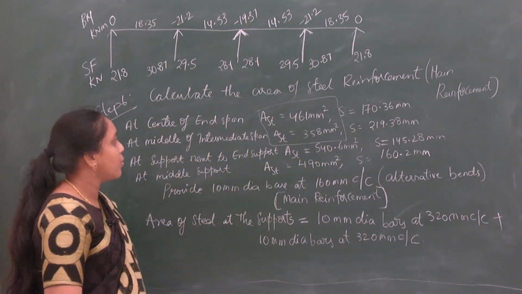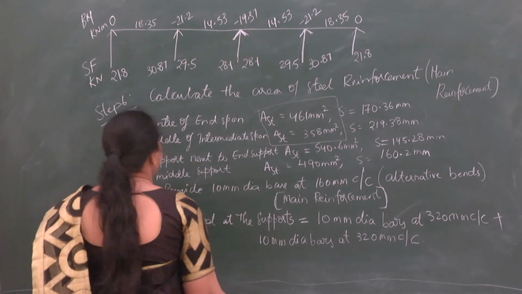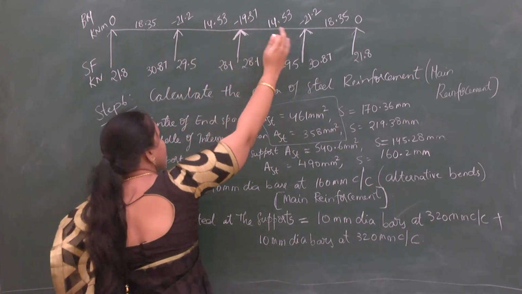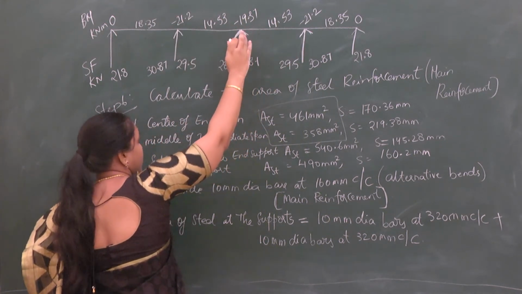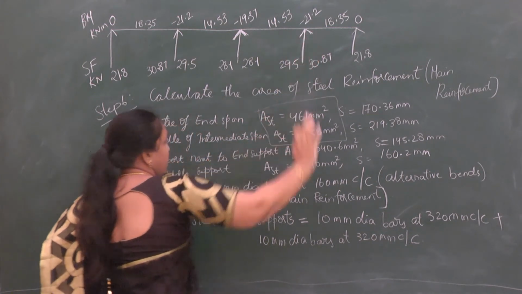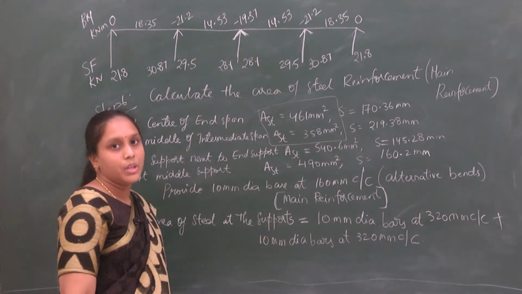So at the supports we are going to provide 10 mm dia bars at 320 mm center to center, as well as here also 10 mm dia bars at 320 mm center to center, and here also 10 mm dia bars at 320 mm center to center.